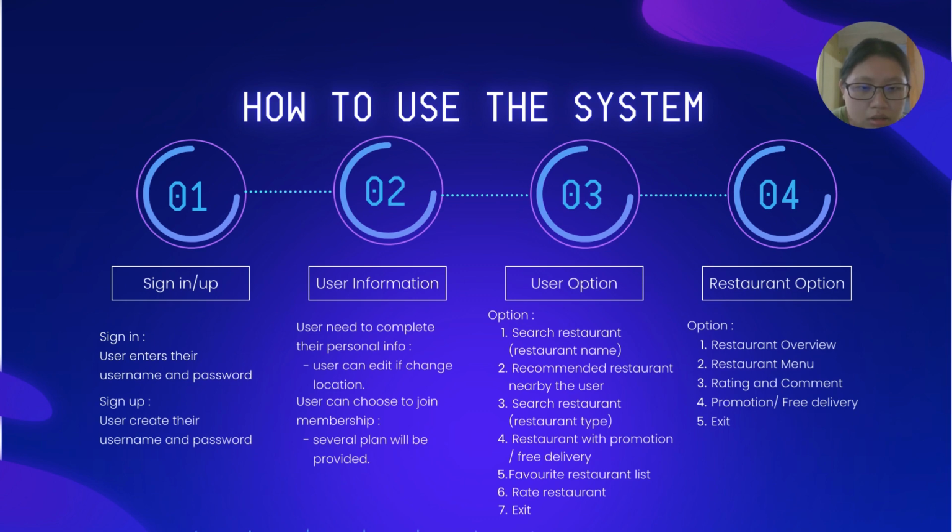The fourth step is the restaurant option. Every time the user selects one user option, there are four restaurant options for the user to choose, which are restaurant overview, restaurant menu, rating and comment, promotion or free delivery, and the last step is to exit the program.